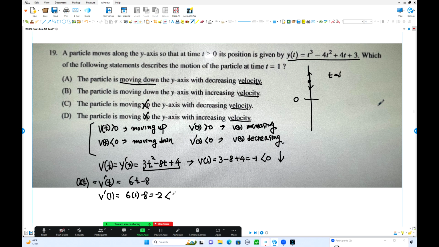This is less than 0. Less than 0 means what? Velocity is decreasing. So choice A is this, okay? Are you okay with this?